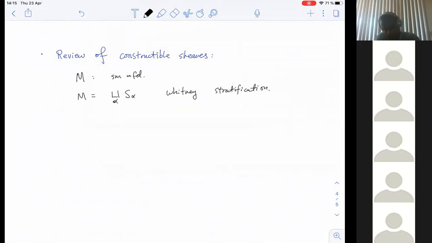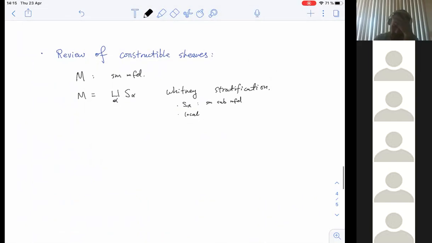It just means that all these S alpha are smooth submanifolds, and there are certain locally finite conditions. So they're just nice strata. And the boundary or the closure of this can be written as a certain collection of strata.